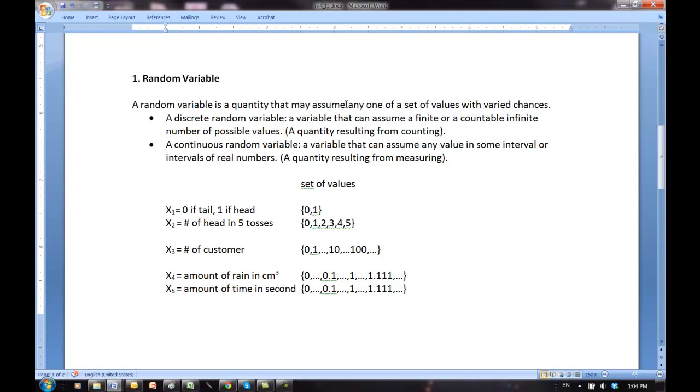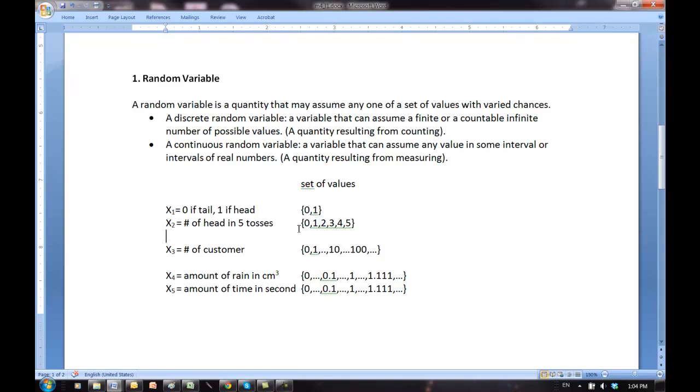Now let's take a closer look at what we meant by assuming any one of a set of values. For x1, the coin toss example, there are only 2 possible values, 0 and 1. So the set of values for x1 is only 0 and 1.